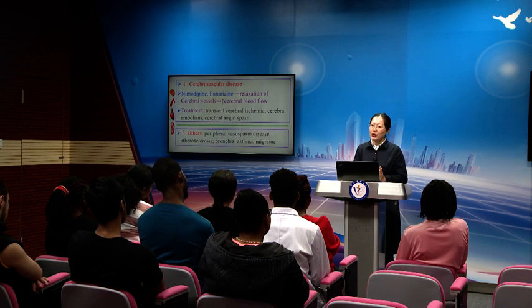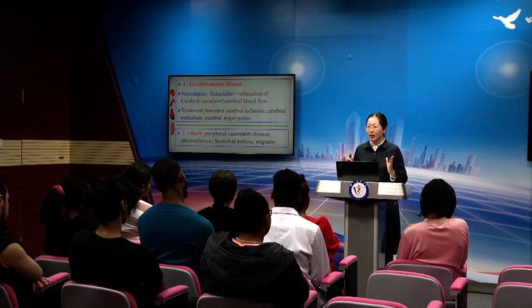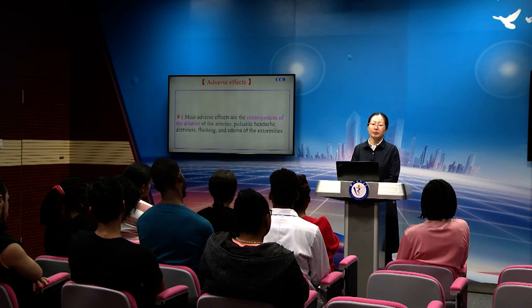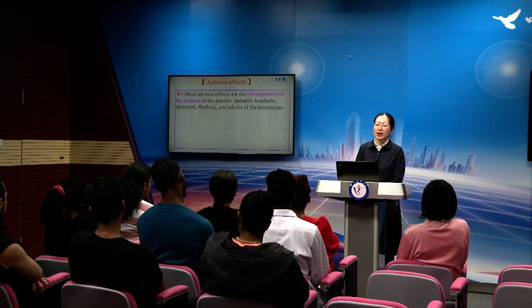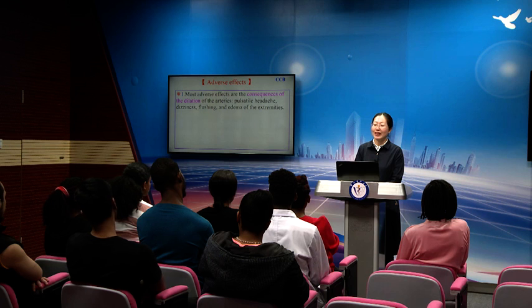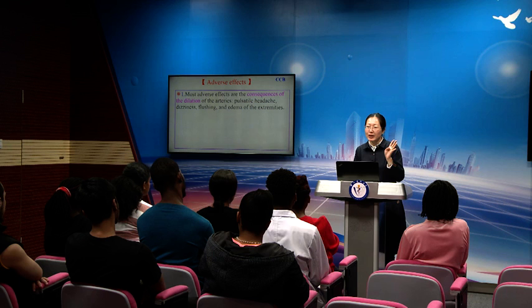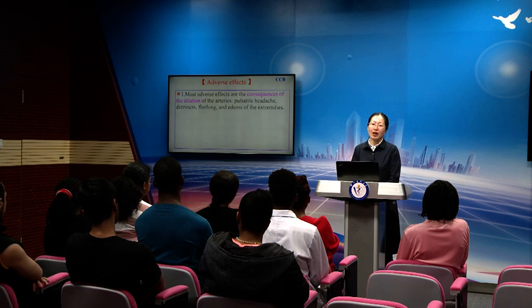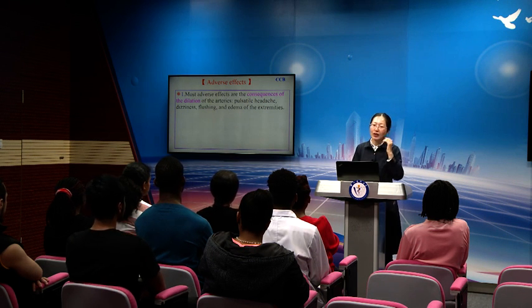So later we will study the drugs' adverse reactions. At first you should know the major pharmacological effects of calcium channel blockers are vasodilation and negative effects on the heart. Most adverse reactions are the consequence of the dilation of the arteries. About 4% of patients will tell you, doctor, I used the drug and had headache, dizziness, flushing, and edema of the extremities.